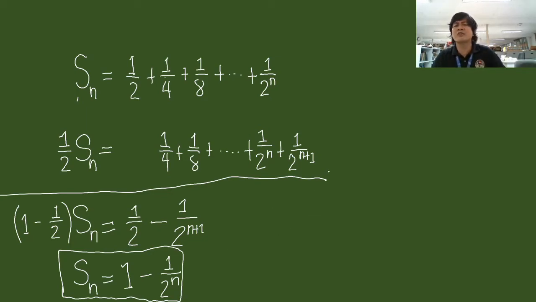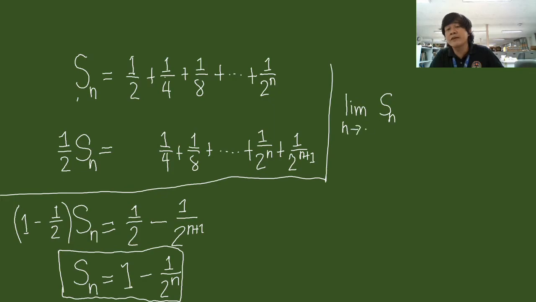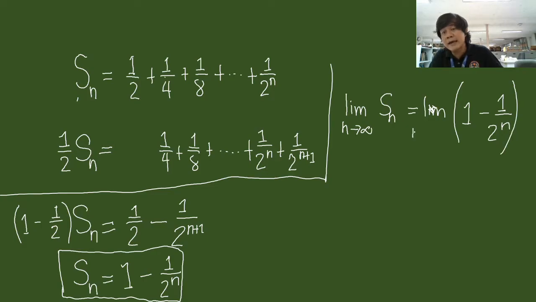But let's go back to our question earlier. We are interested in the limit of S sub n as n approaches infinity. This is simply taking the limit of 1 minus (1/2) raised to n as n approaches infinity.